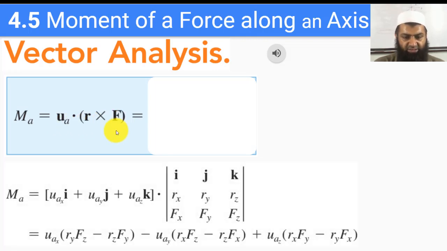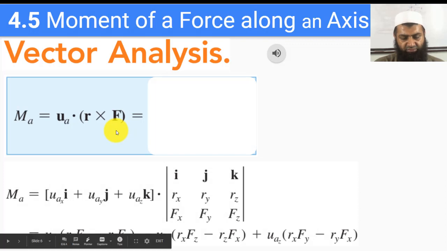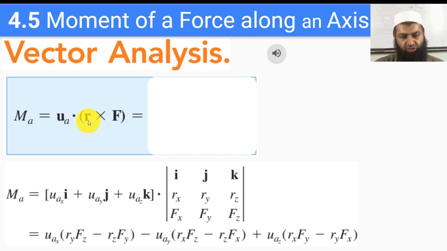When we simplify and plug in the values, whenever we do a cross product, we can always represent it using this form, where we have i hat, j hat, k hat on the top, and then rx, ry, rz, and fx, fy, fz.